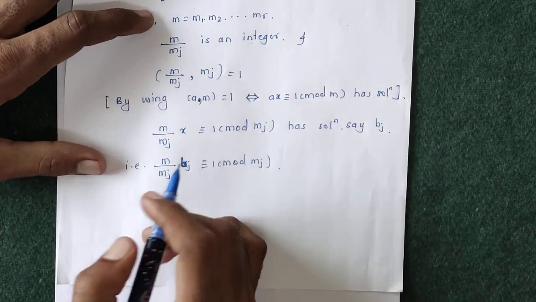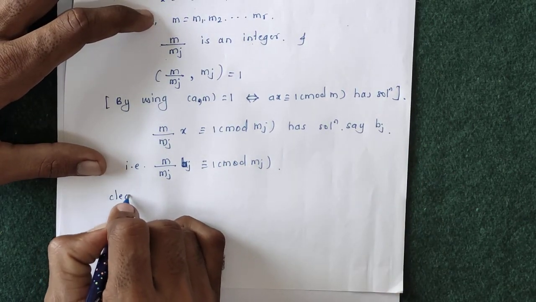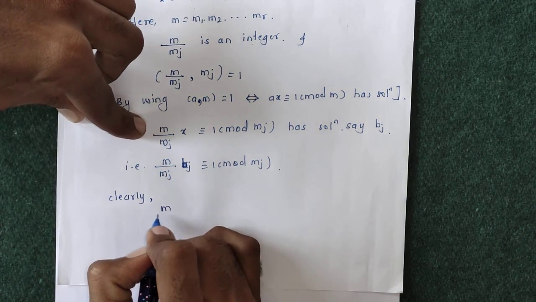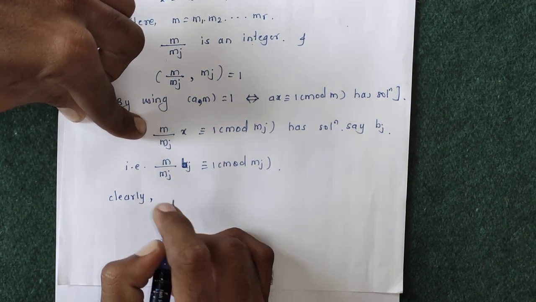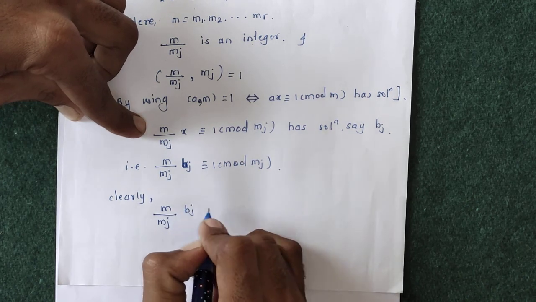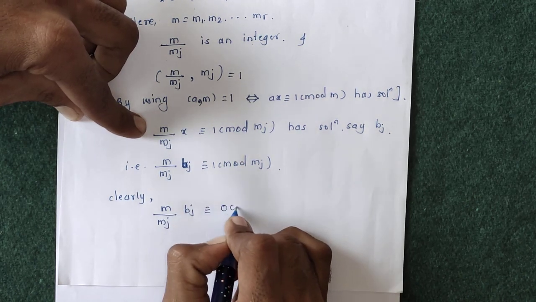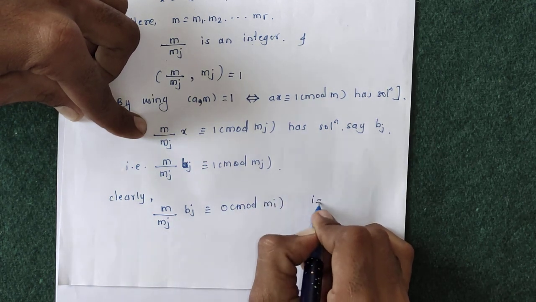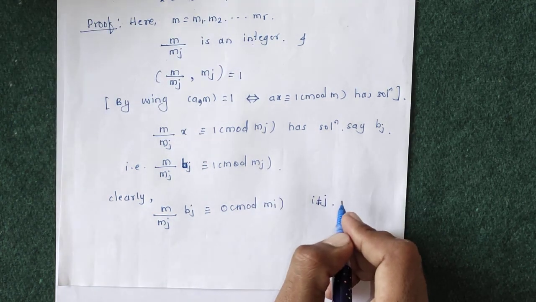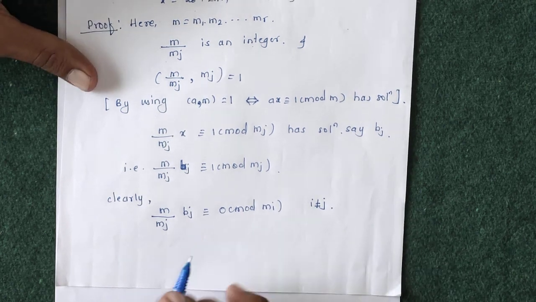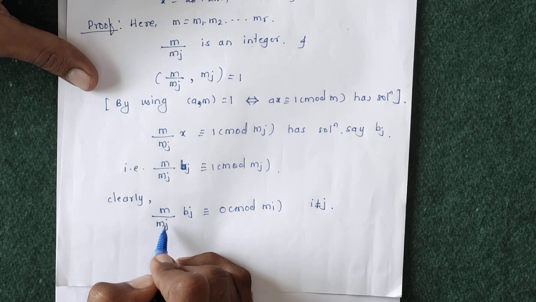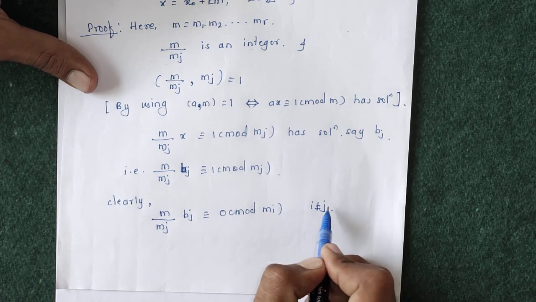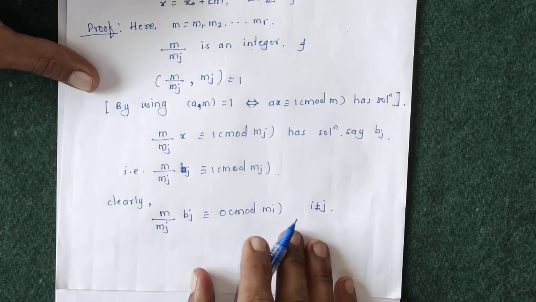Now clearly we can see that m by mj into bj is congruent to 0 modulo mi, where i is not equal to j, since m by mj is a multiple of mi, which is not equal to j.